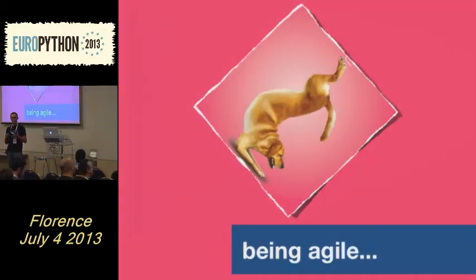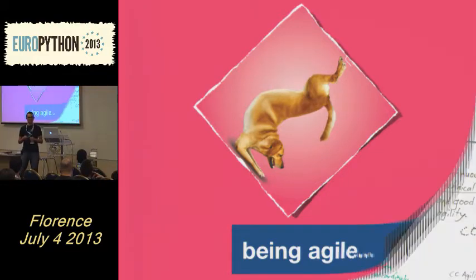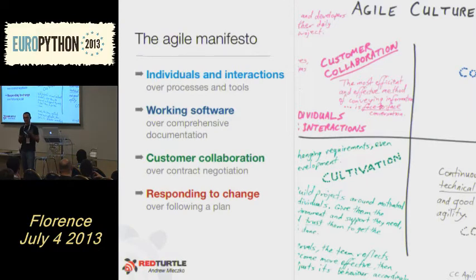Being agile, what it means to be agile. So please raise a hand if you know something about different types of agile methodologies. Super, okay. So of course the most important thing is the manifesto. I have pointed out here the things that are the most important ones.